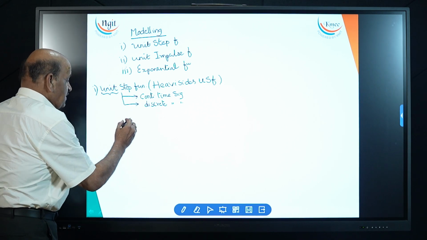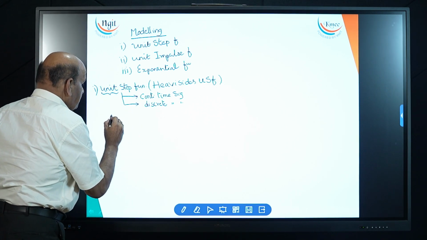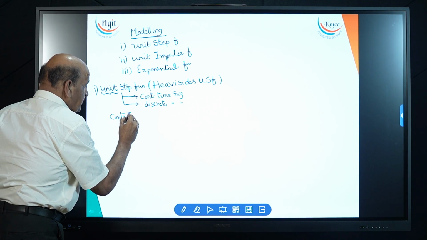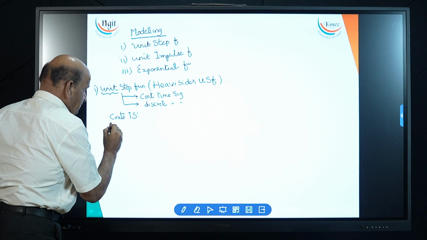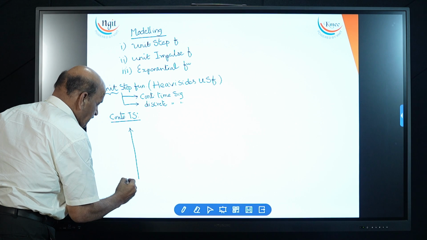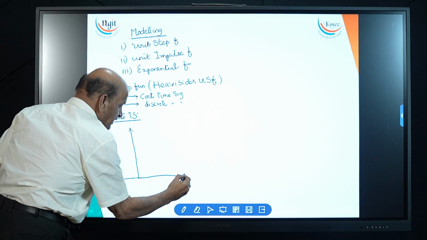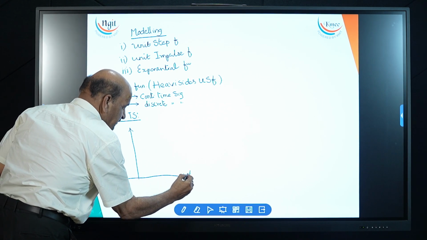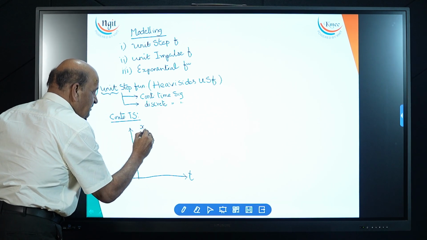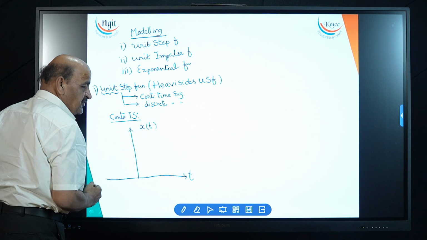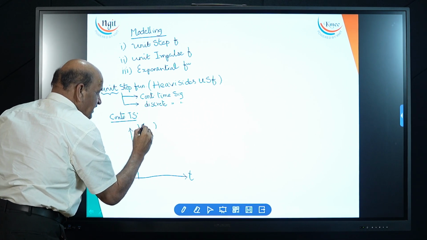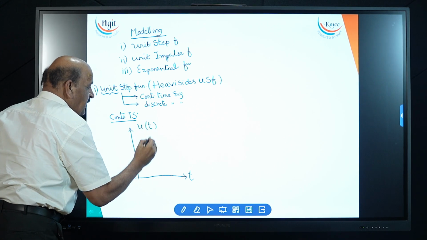For example, first we are discussing under the concept of continuous time signal. Let us consider a continuous time signal. In general, we use x of t in remaining cases, but for unit step function, especially here, we are using u of t.